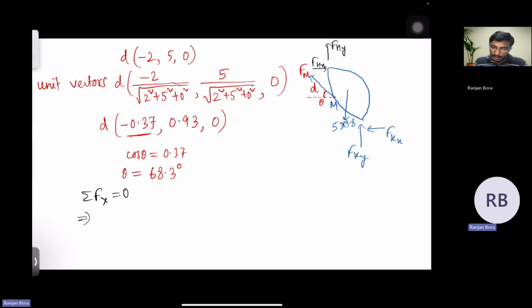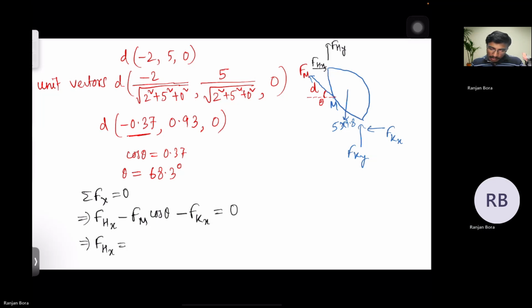From this we'll get Fhx minus Fm cos theta minus Fkx equal to 0. Fhx will be Fm cos theta.